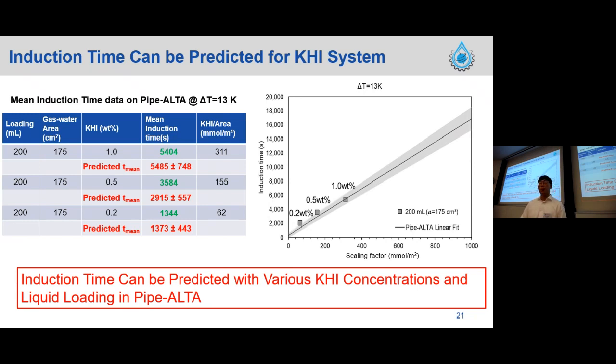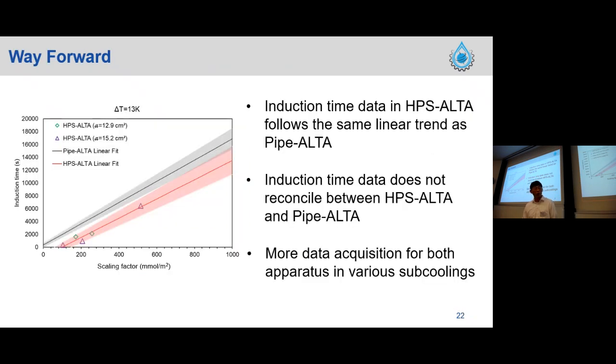So it seems to solve the KHI scaling problem here, but unfortunately there are some more challenges to be overcome. In this part, the green one is the prediction line from pipe alta, and the HPS alta is shown in pink. The induction time data in HPS alta shares the very same trend as pipe alta, and the slope of this linear fit is very close to each other, but the problem is they are not quite overlapping.